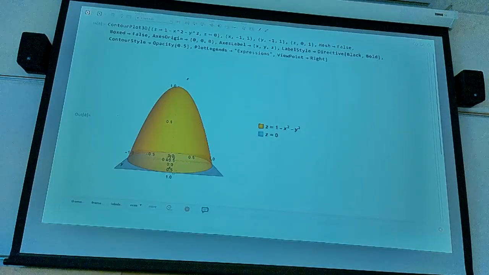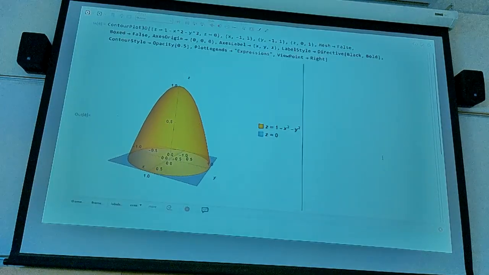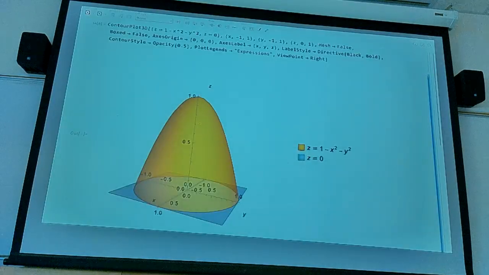And let's just try and get this to be a little diagonal. Something like that. Should be good. That's the viewing. So now we have an idea of what the solid is, right?